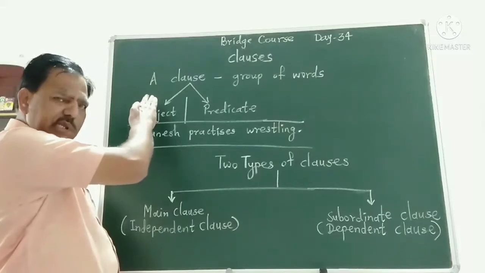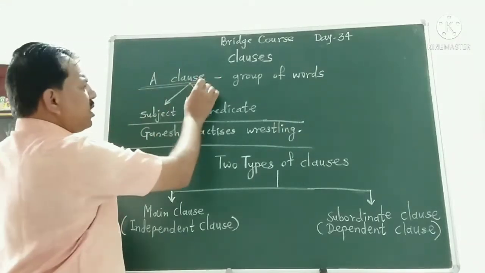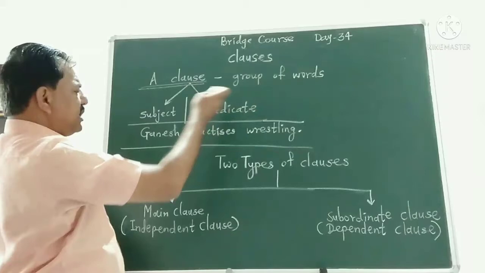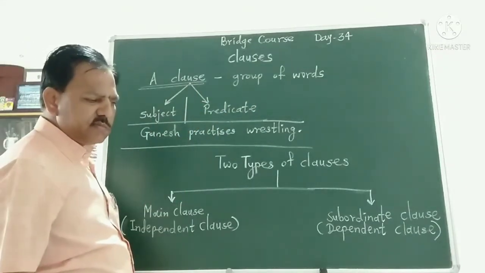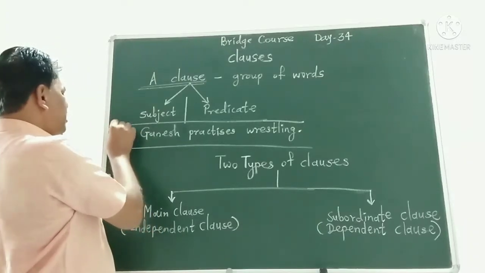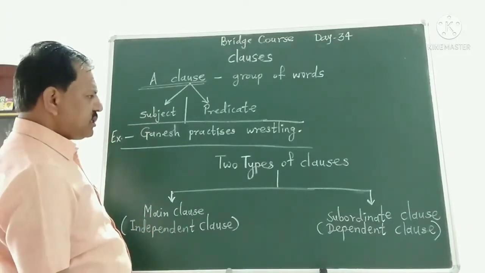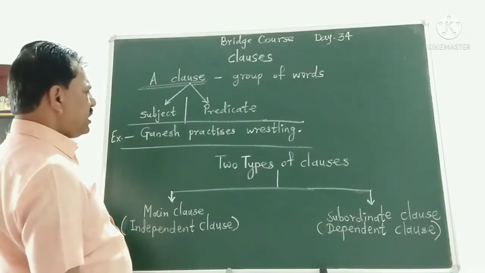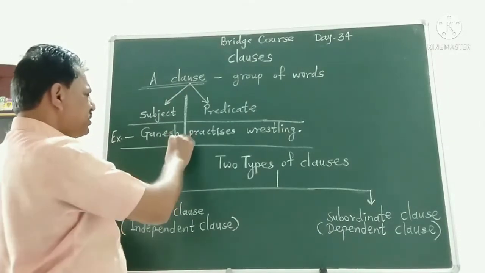We have already studied it. What is a clause? A clause is a group of words that contain subject and predicate. An example: Ganesh practices wrestling. Here in this sentence, who practices wrestling?